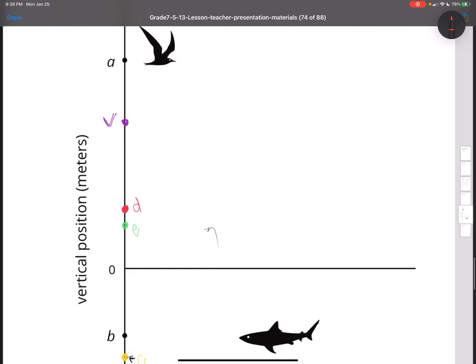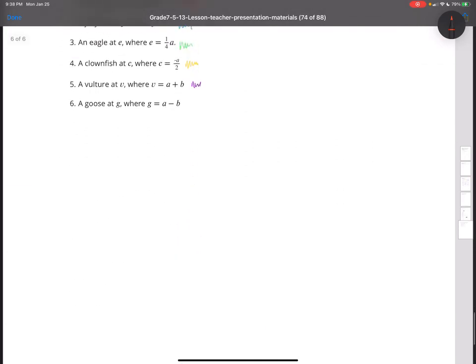So if I plug this in, it would be A minus B, and B is already negative. Let's say A is 2 and B is negative 1. I'm just using this as an example to show you guys. So it would be 2 minus negative 1.